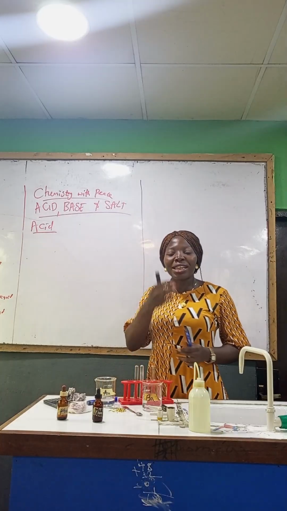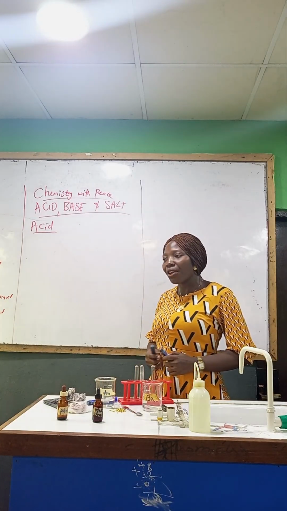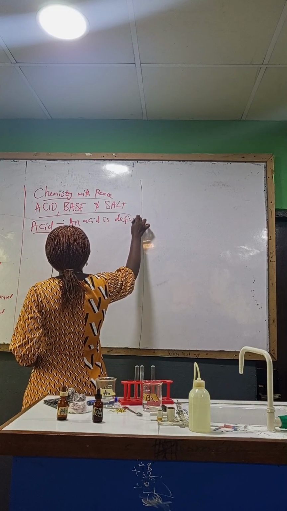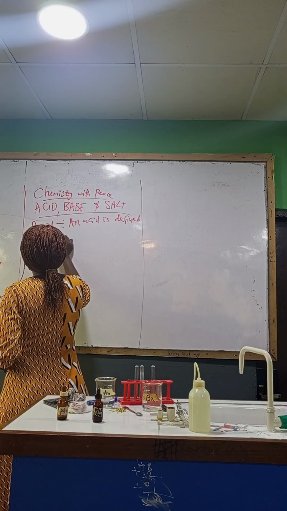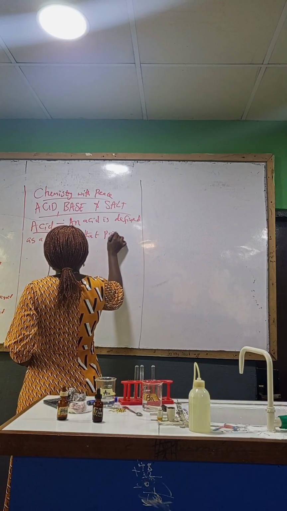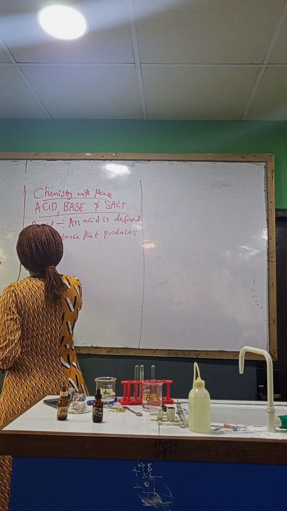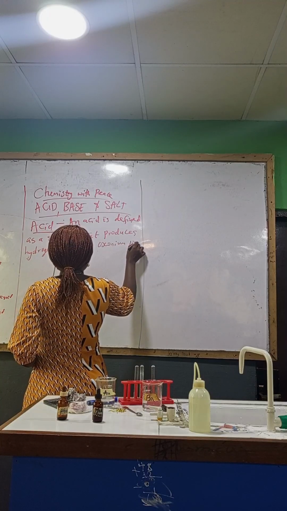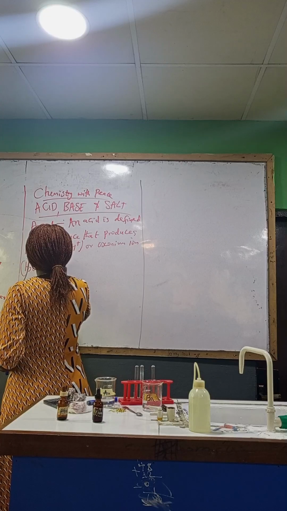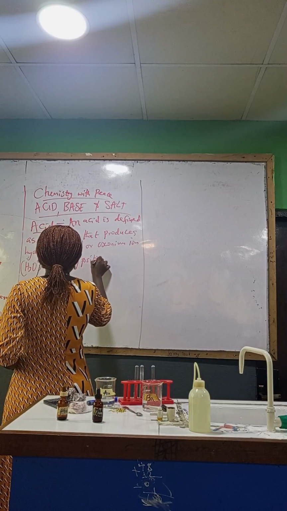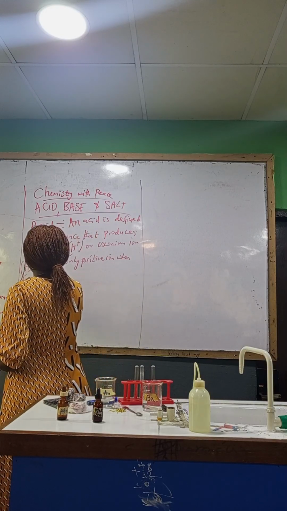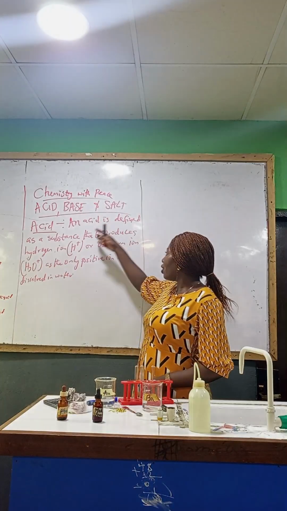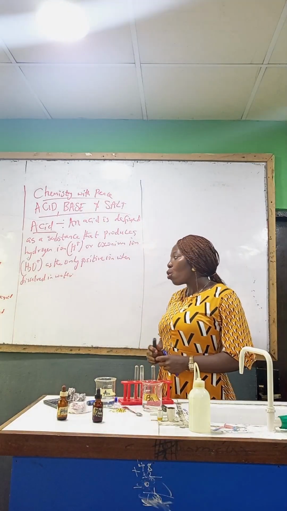An acid is a substance that produces hydrogen ion or oxonium ion as the only positive ion when dissolved in water.